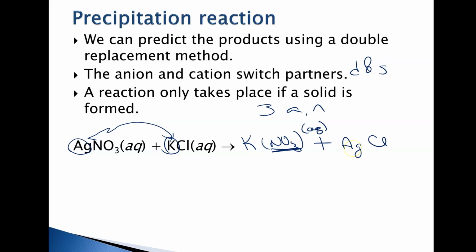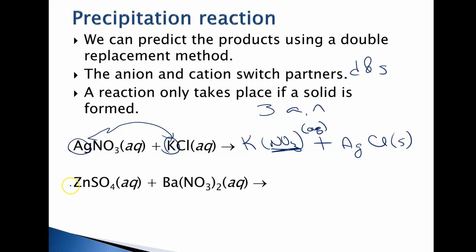Ag doesn't fall under either one of those rules, and neither does Cl. However, Cl falls under the third rule about halides, and most halides are aqueous except for those mixed with silver and lead and mercury. Once I have a solid, that means that reaction actually happens.